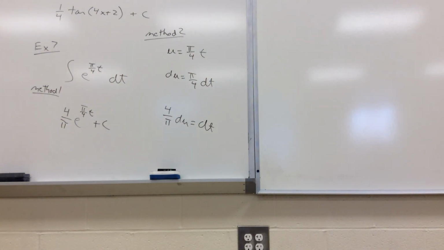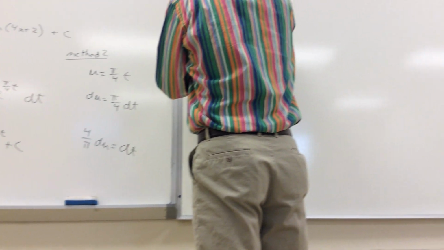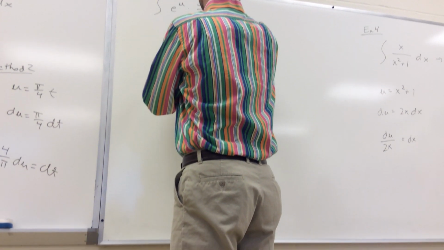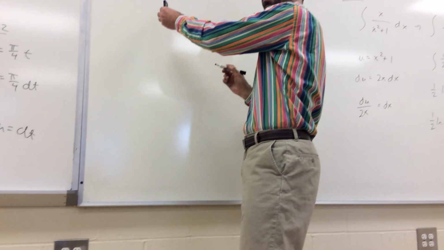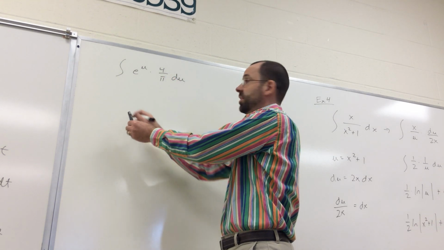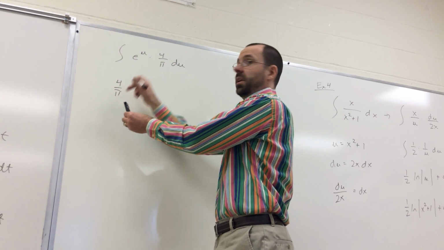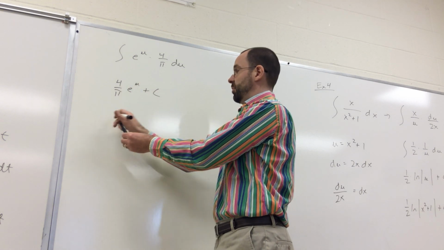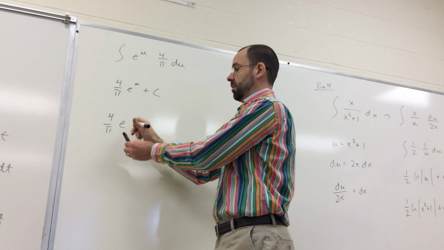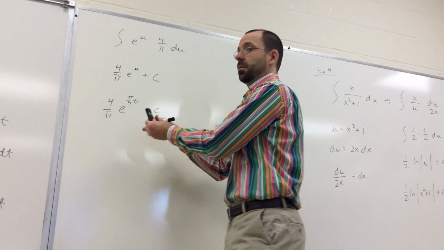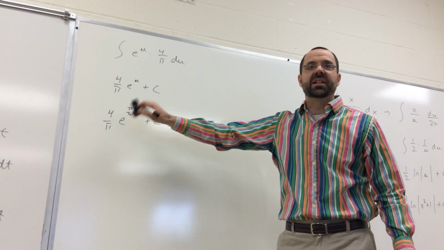So then you translate, that's the antiderivative of e to the u times 4 over pi du, right? So now we're prepared to take the antiderivative. This is just a constant, so it could come out in front of the antiderivative. Antiderivative of e to the u is e to the u. And then you translate back. So you get the same answer. Writing down a lot more stuff, right?